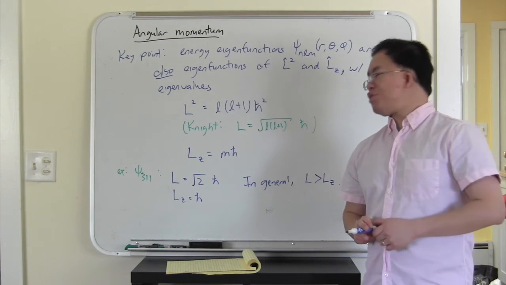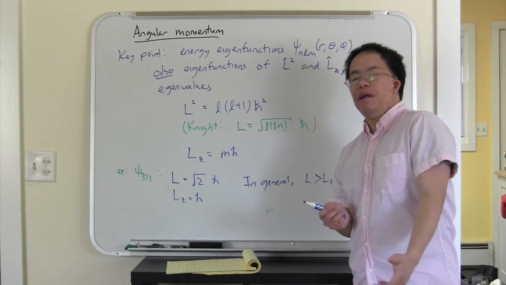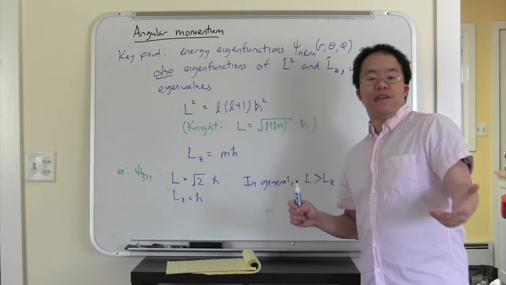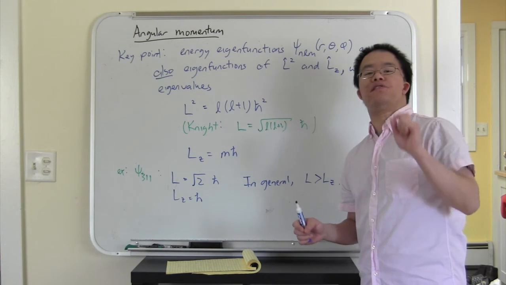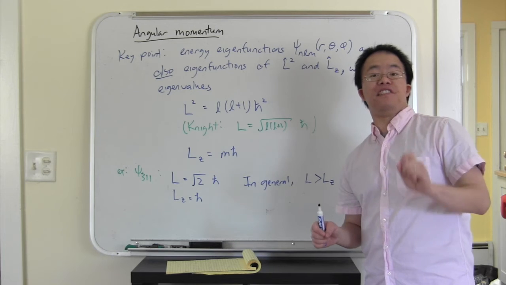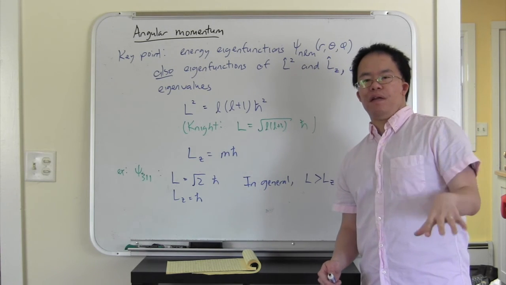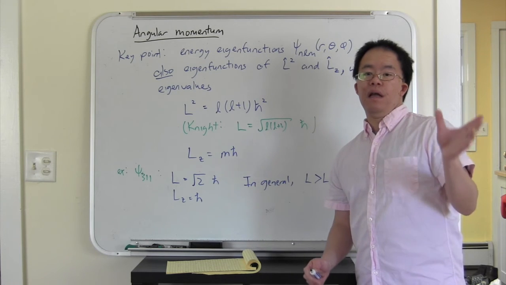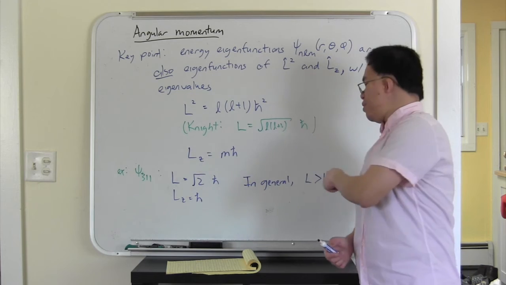The physical consequence is that if I think of L as a vector, the electron's orbital angular momentum, that vector cannot solely lie along the z-axis. I'm now going to go to my computer for a diagram that was in your reading, and I'll talk about that a little more from my laptop since I cannot draw that.